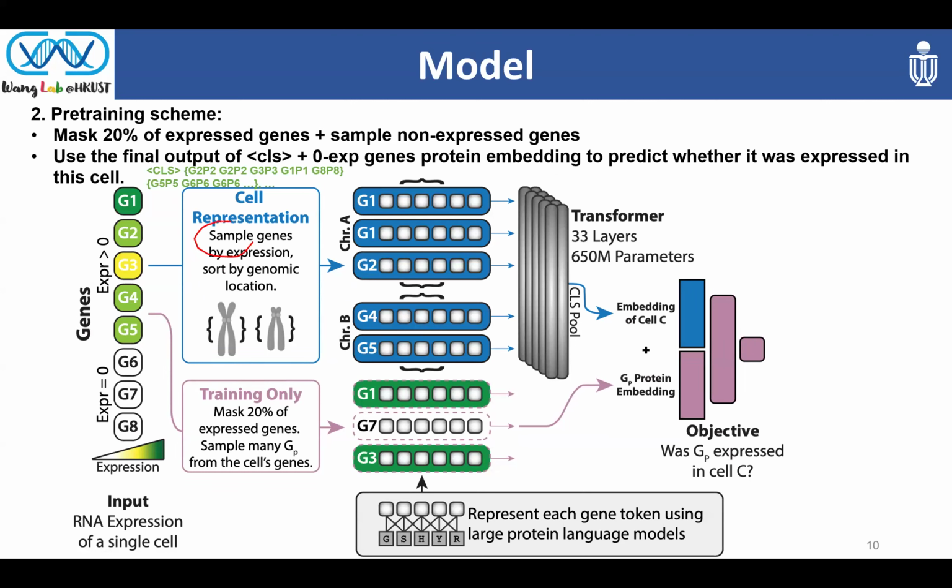They use the sample method. And another is the species issue. They use this protein language model. And for the fine-tuning part, they claim their model's performance is good so that you don't need to fine-tune.